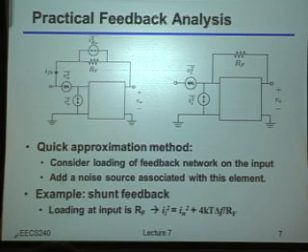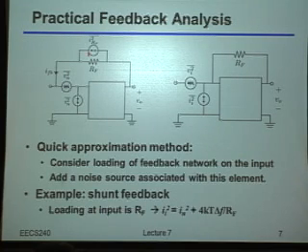So you can, of course, just do the brute force calculation. I trust you guys can all do that, but it is a bit of a pain in the butt. So typically, people like to come up with simple and fast approximation methods to figure out the effect from a noise standpoint of each of these feedback elements, so that they really don't have to do the painful brute force calculation.